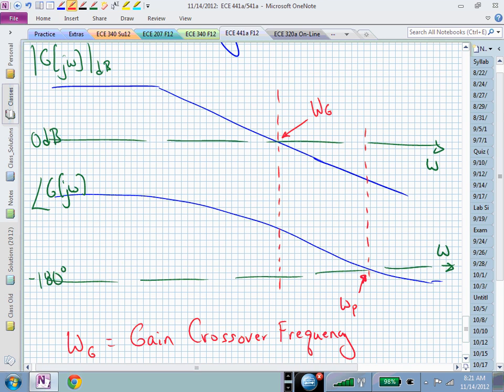So you look at the gain crossover frequency, you examine the distance it would take you to get to minus 180 degrees, and this is referred to as the phase margin. You could tolerate that much phase change before you became unstable.